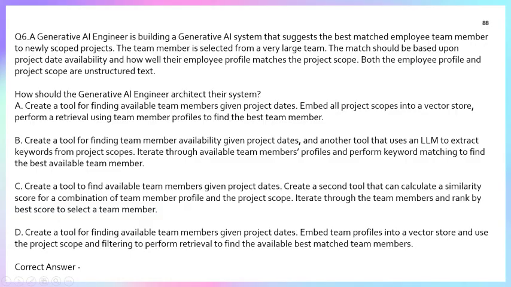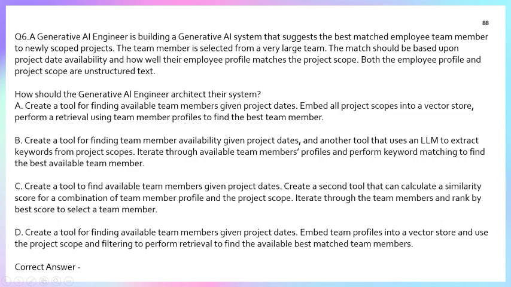Option A says to focus on the project scope in the vector store, and the retrieval query is the team member profile, which is wrong. Why? It ignores availability explicitly, with no clean mechanism to filter by it.